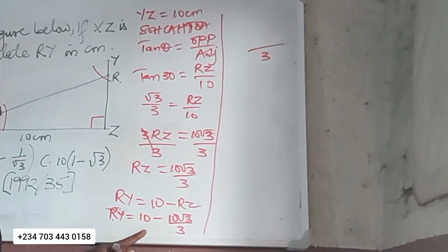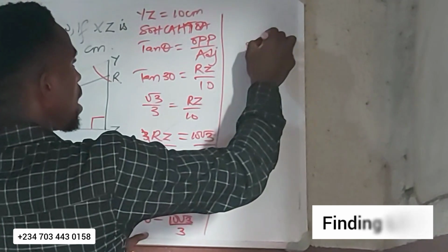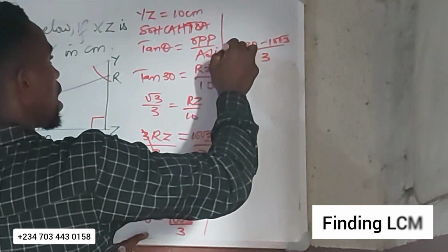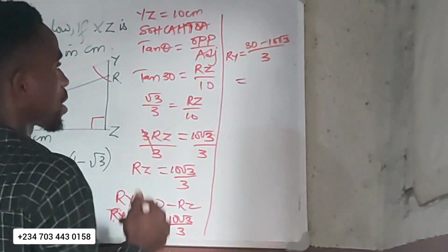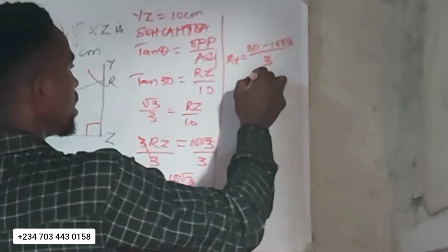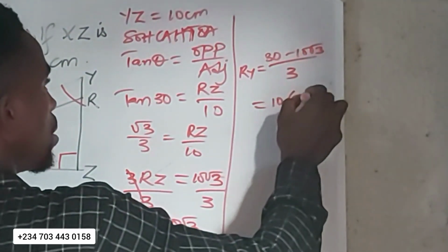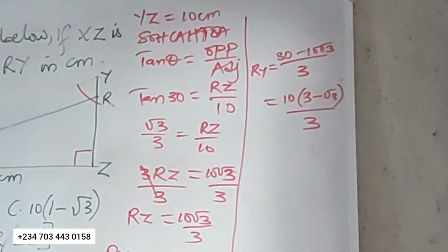And when 3 is the LCM, this is going to be 30 minus 10 root 3. So RY is this, which is, we can factor out the common term, which is 10 into 3 minus root 3 all upon 3.